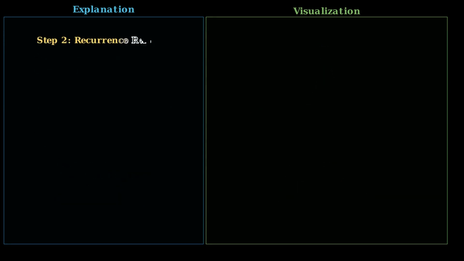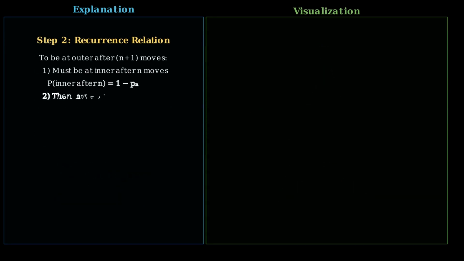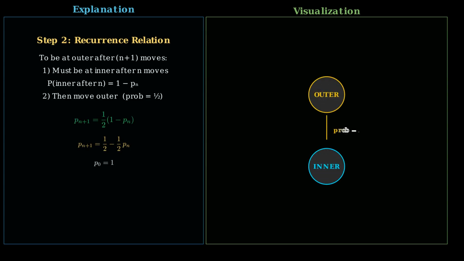Step 2. Build the recurrence relation. To be at an outer point after n+1 moves, Charlotte must have been at an inner point after n moves, since only inner points can lead outward, and then chosen one of the 2 outer neighbors out of 4 total. That gives us P_{n+1} = 1/2 (1 - P_n).